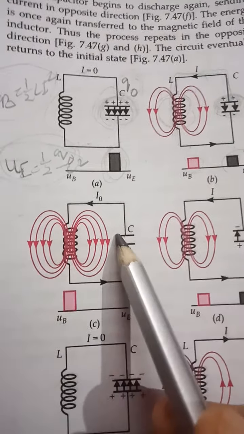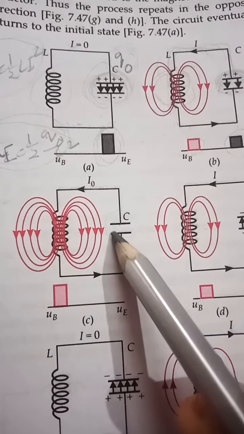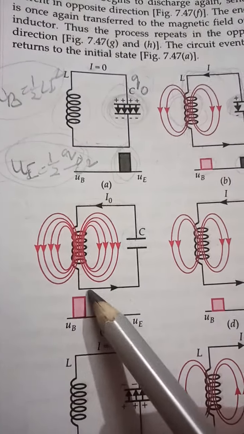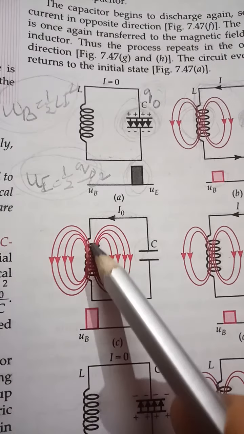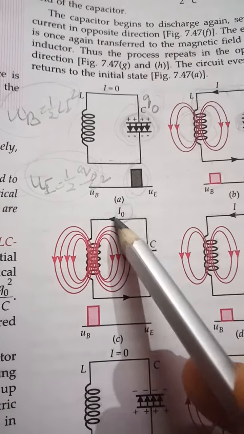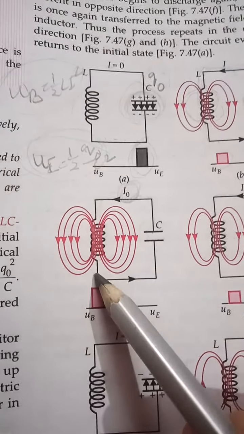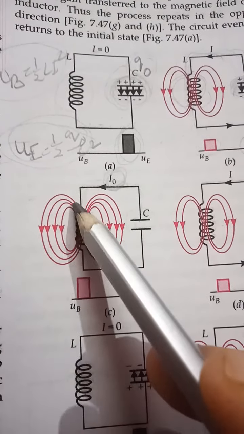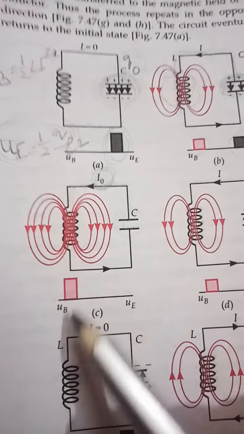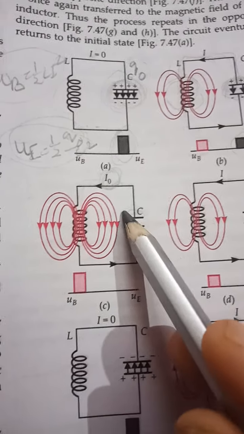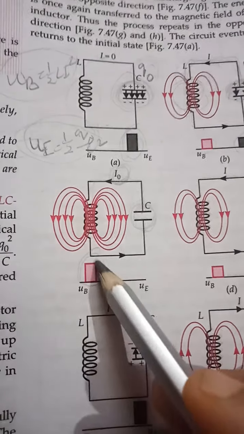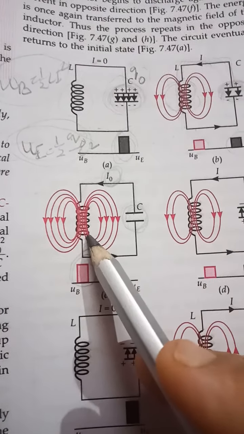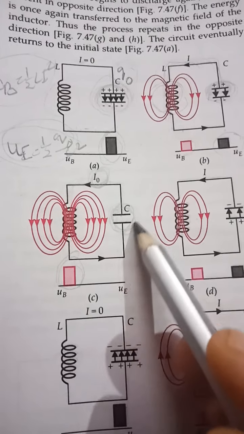Now the capacitor is fully discharged, so the current flowing in the inductor will be maximum. I naught is the maximum value of the current, and the entire electric energy stored in the capacitor is converted into the magnetic energy stored in the inductor.